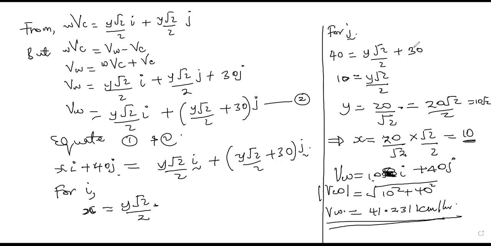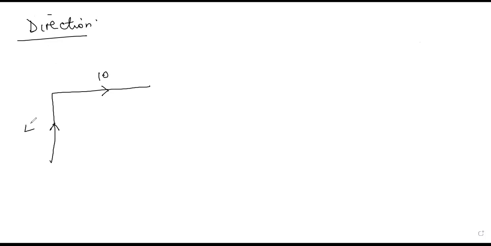Which direction is it going to be? Since you have 10i and the positive 40j, you can do it like this. This is 10, this is 40. You get theta.